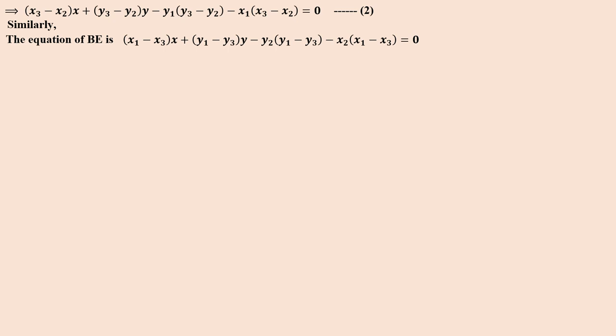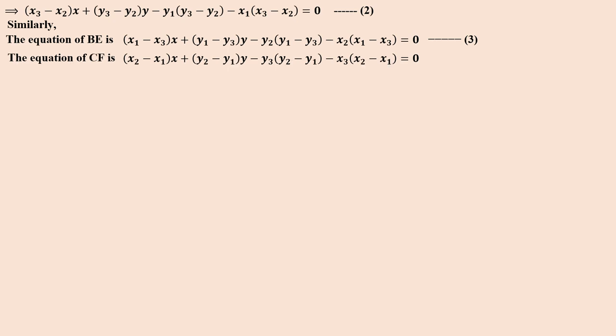That is equation number 3. And last, the equation of CF, replacing in cyclic order: (x2 minus x1) x plus (y2 minus y1) y minus y3 (y2 minus y1) minus x3 (x2 minus x1) equals 0. That is the fourth equation.